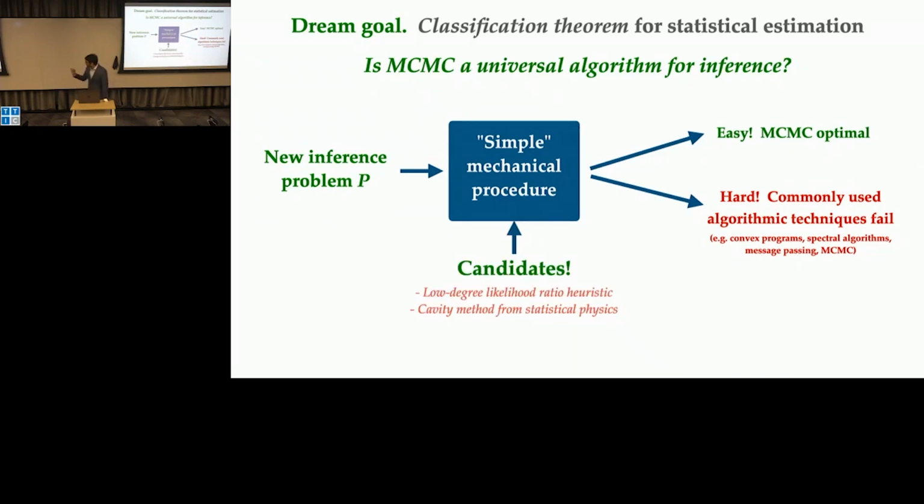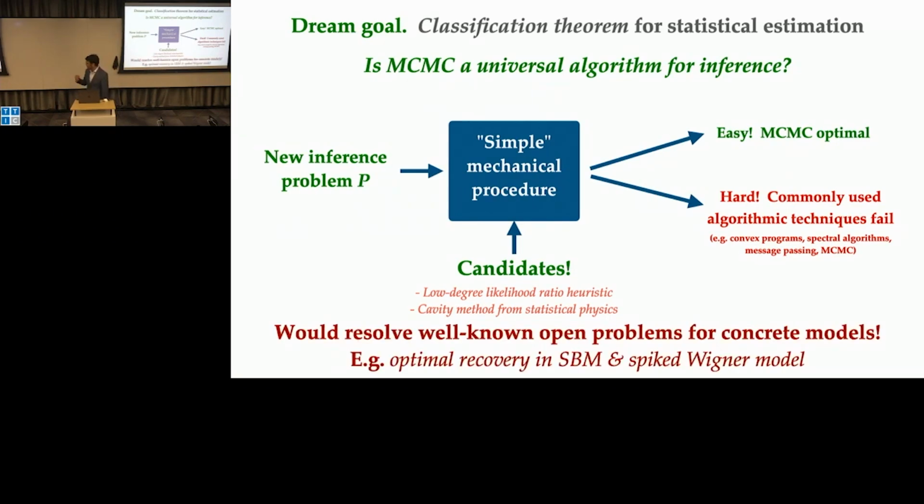Okay, and for inference, this is not a pipe dream, because actually such candidates for the simple mechanical procedure do exist in the literature. And in particular, these candidates seem to produce predictions that are consistent with our beliefs for a large bag of example problems.